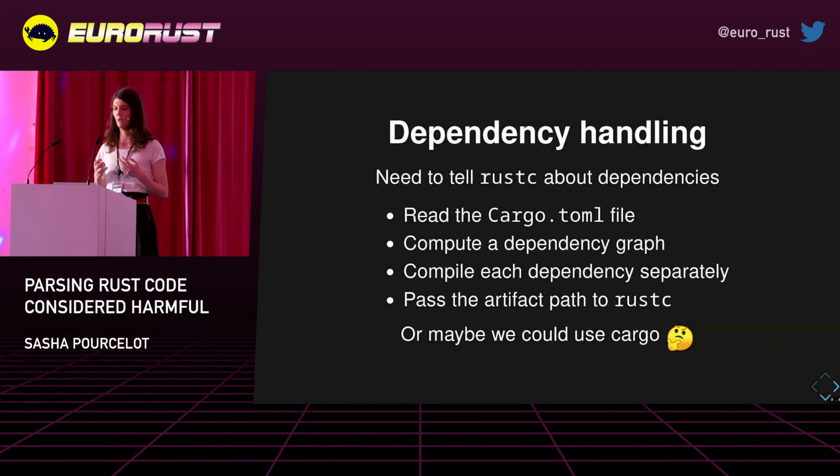My initial idea was to read the manifest file and do what Cargo does: compute a dependency graph, compile each crate separately, and then perform the final static analysis pass on the last crate. But this is, once again, too much work, and this is not the work we are supposed to do when doing static analysis. What we are supposed to do is use cargo.